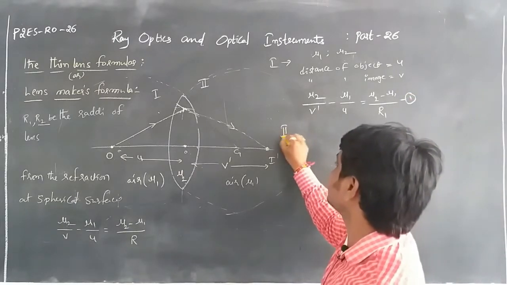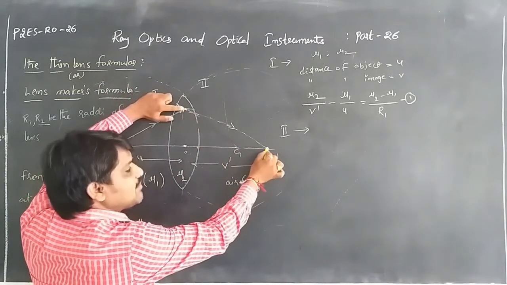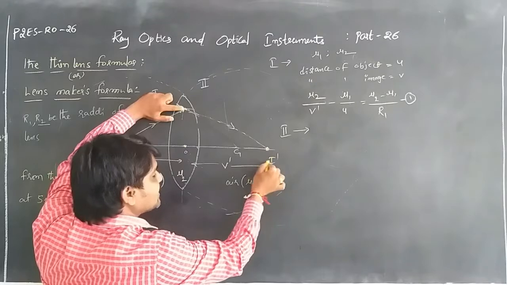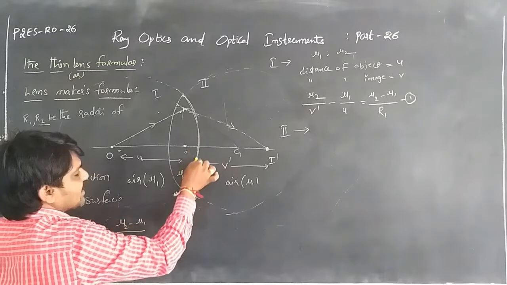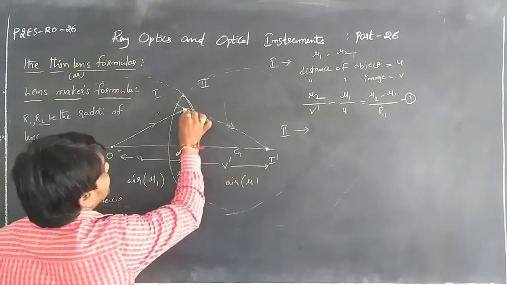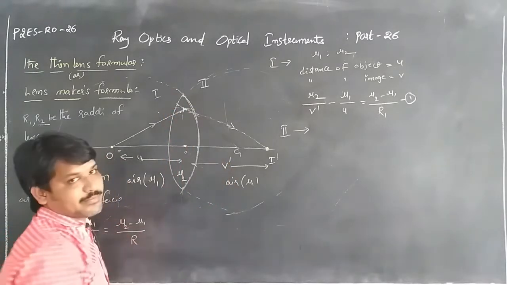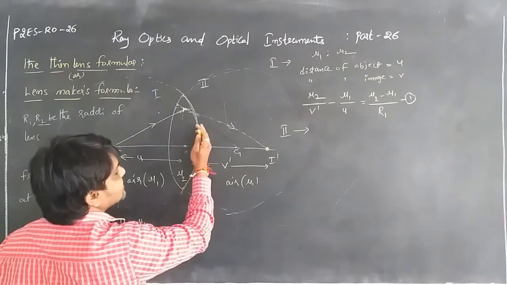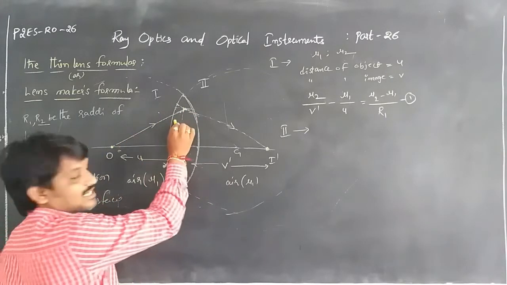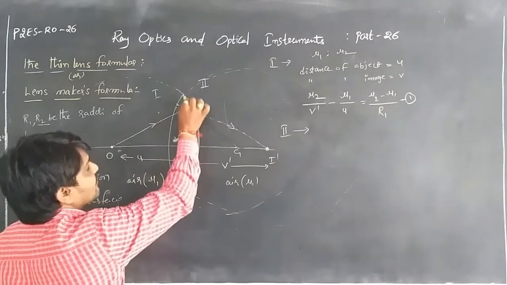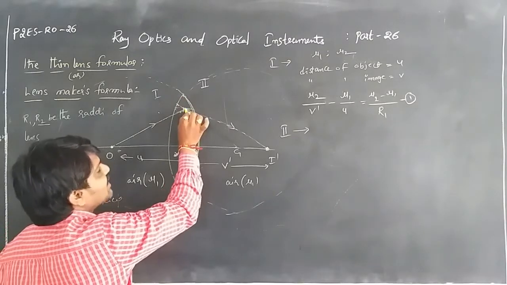Then if we come to the second surface, when the light has formed a virtual image at point I dash at a distance of v dash, and the second spherical surface is placed, the light is moving from the denser medium to the rarer medium. Whenever the light comes from the rarer medium into the first surface, it goes into the denser medium, and after that, at the second surface, light moves from the denser medium to the rarer medium.